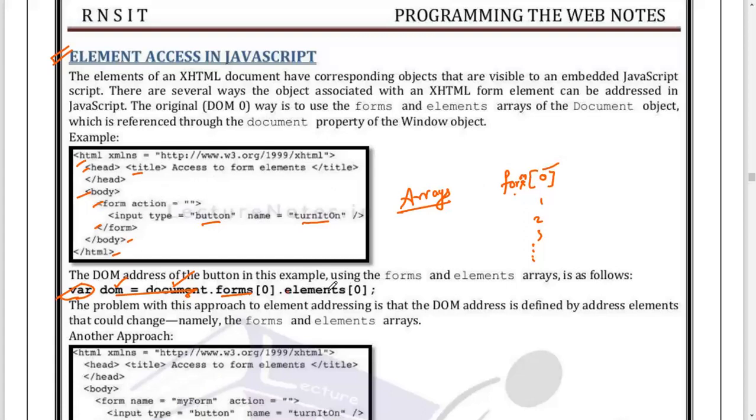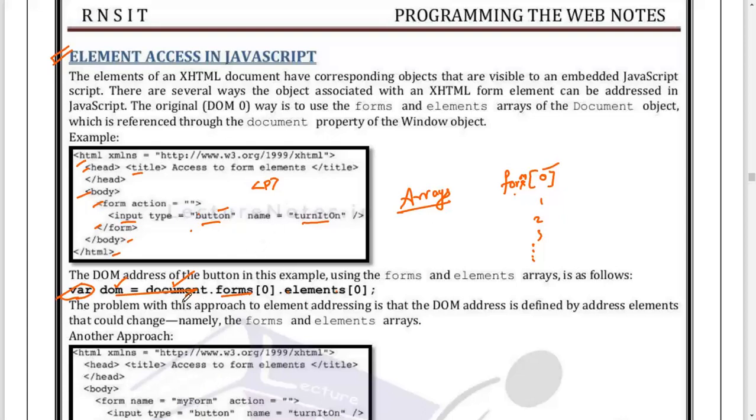Next, dot element 0 will represent each and every element under this form 0. If I have a paragraph tag at the beginning, then that paragraph tag will be element 0. Here I have the input tag, which is a button, acting as the first element.